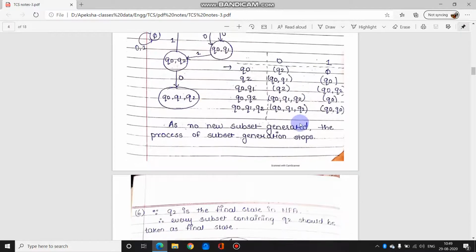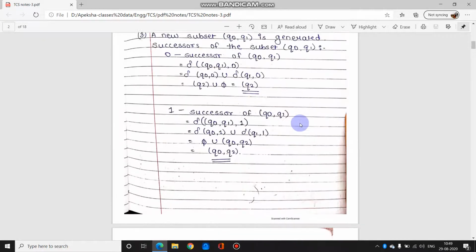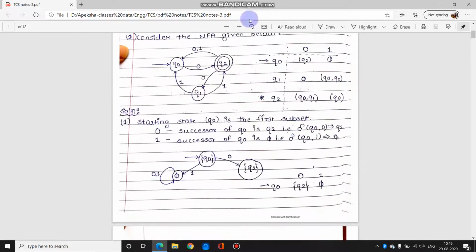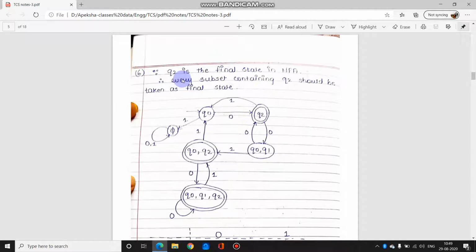So once we get this, now original DFA if you see over here, starting diagram में ओरिजिनल एनएफए में जो दिया था उसमें Q2 was supposed to be the final state. तो जब भी हम ये सबसेट जनरेशन कर रहे हैं, सबसेट जनरेशन में will consider all the states as final states which is having Q2 in it. जो जो states में Q2 involve है वो सब final states में आएंगे because original NFA में Q2 is the final state.